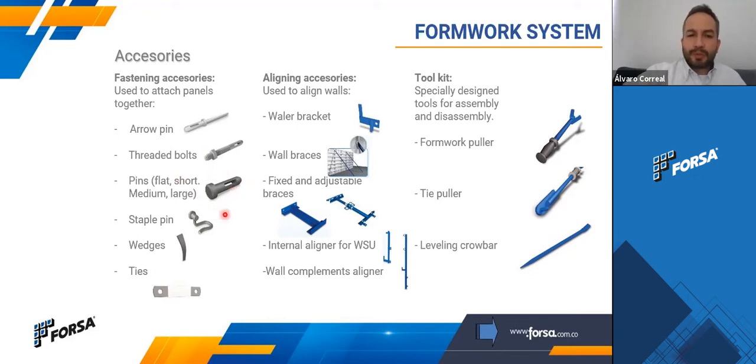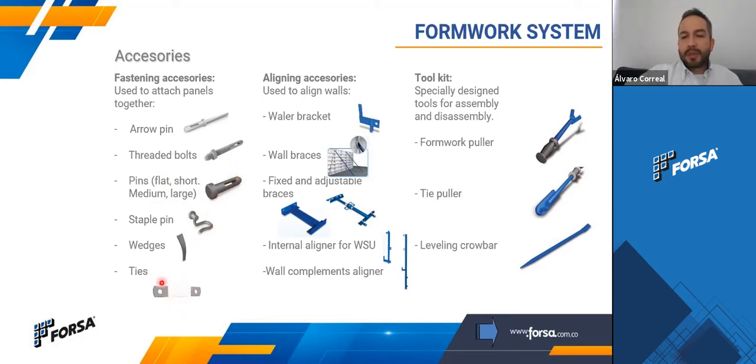We try to standardize as much as possible, so you will receive lots of these short pins, but it's also possible for you to have medium and large and even flat head pins. Stable pins. This accessory is used where it's not possible to have the coincidence of 2 bores, 2 pinholes, so you can install this one. The wedges, which are the ones that adjust the pins.